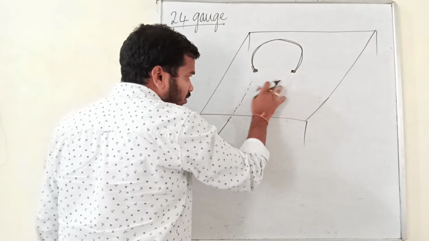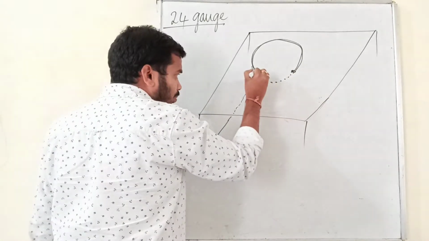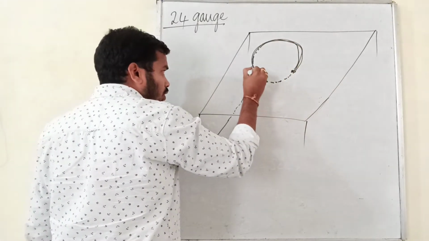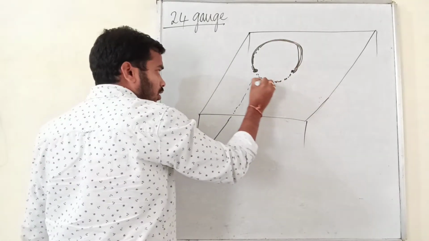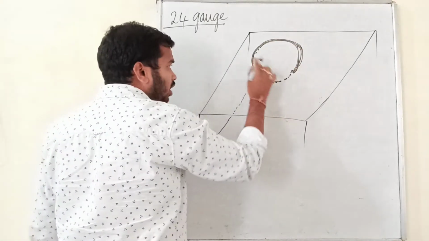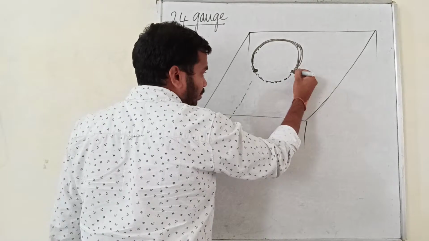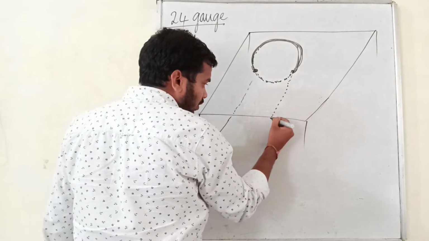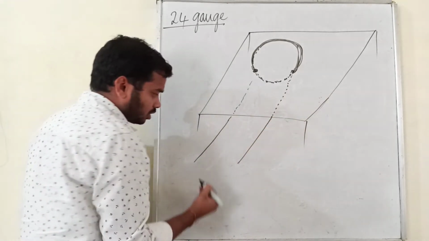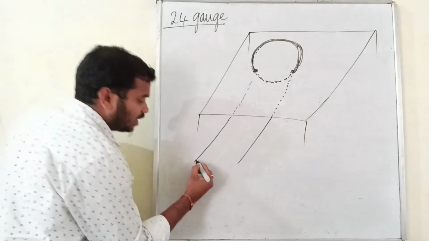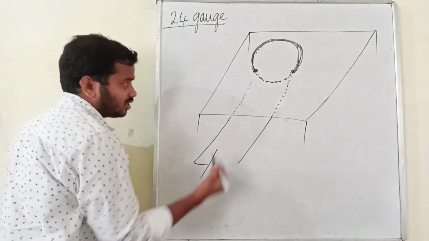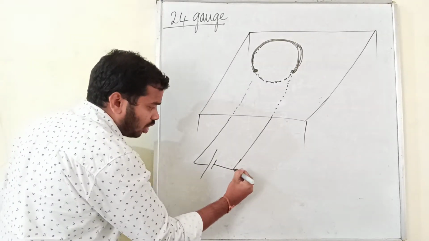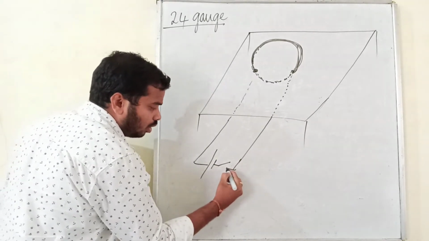This wire has to be made 4 to 5 turns to ensure that it has a standard coil shape. After reaching this point, from the bottom of the plank or table, we need to connect these two ends of the wire of the circular loop to a battery and ensure that there is a switch in the loop.